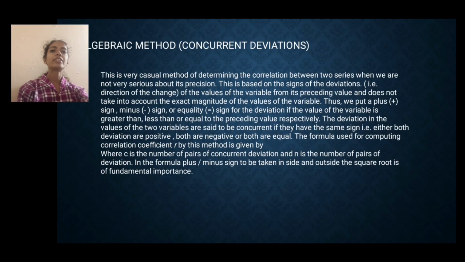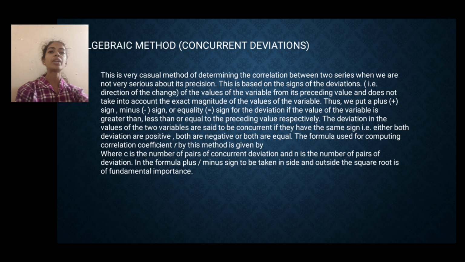Algebraic method. This is a very casual method of determining the correlation between two series when we are not very serious about its precision. This is based on the sign of the deviation of the value of the variable from its preceding value and does not take into account the exact magnitude of the values of the variable.